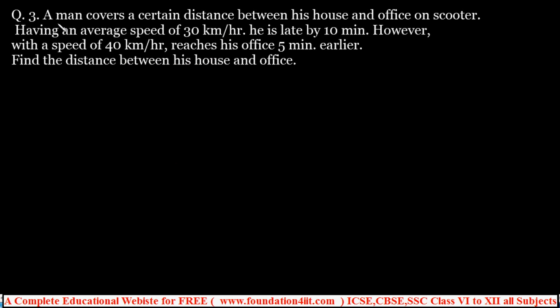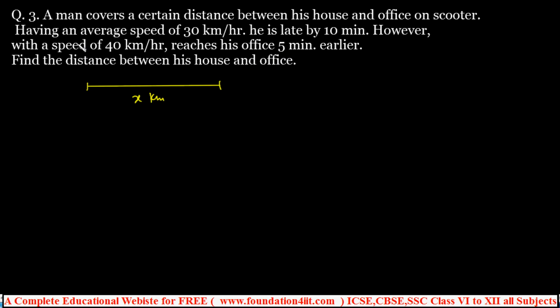Here the question is, a man covers a certain distance between his house and office on scooter. Okay, the distance only we need to find out. So let's take the distance as x kilometers. So distance is x kilometers from his house to office.